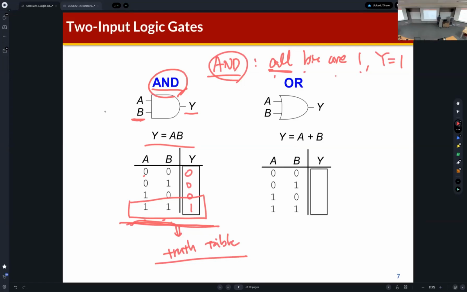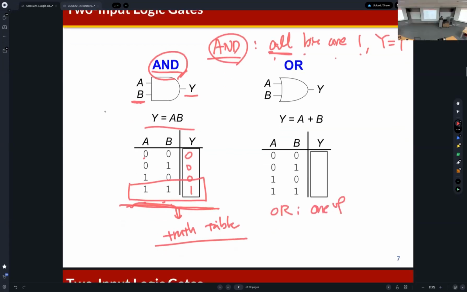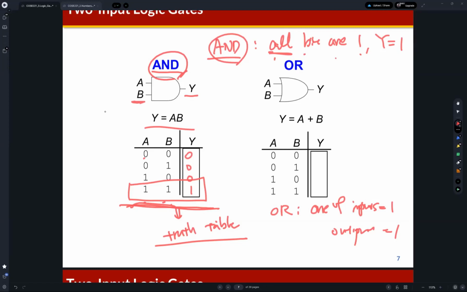Then, what is the definition of the OR gate? If one of the inputs is 1, the output becomes 1. This is the definition of the OR gate. So by definition, we can figure out that the output of the OR gate is 0, 1, 1, 1, because we can find a 1 here.